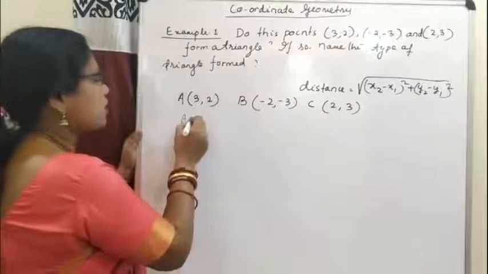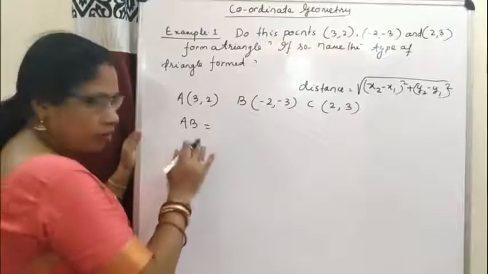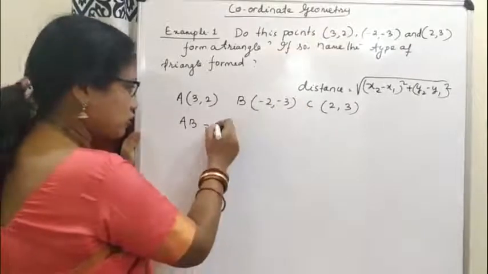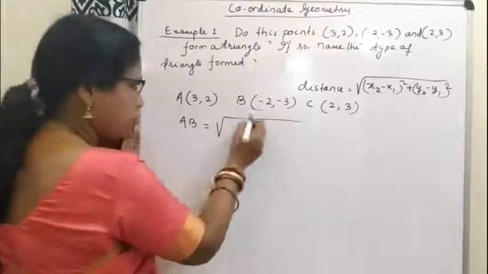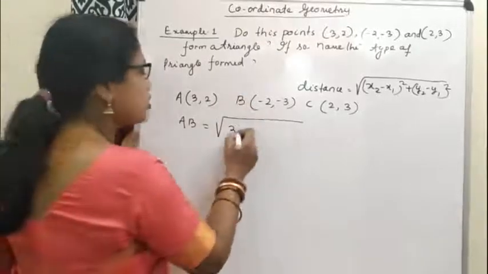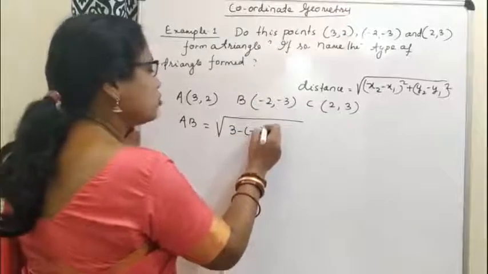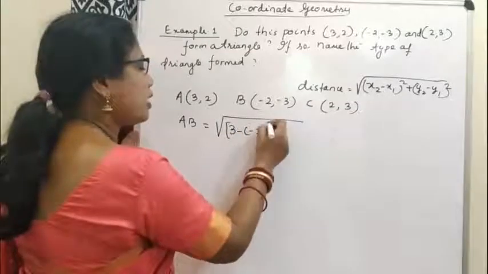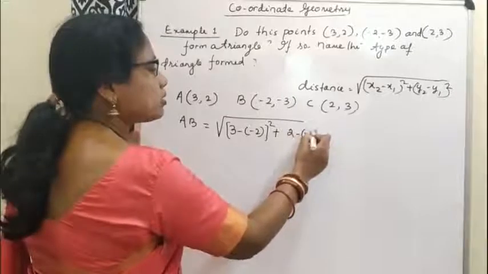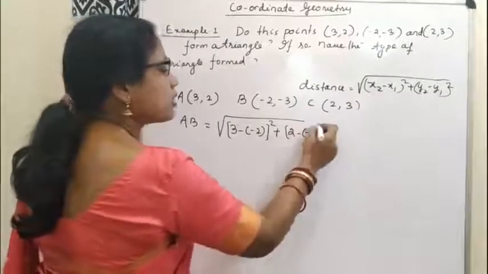So first AB. So the formula is x1 minus x2 whole square, or maybe x2 minus x1. So (3 minus -2) whole square plus (2 minus -3) whole square.